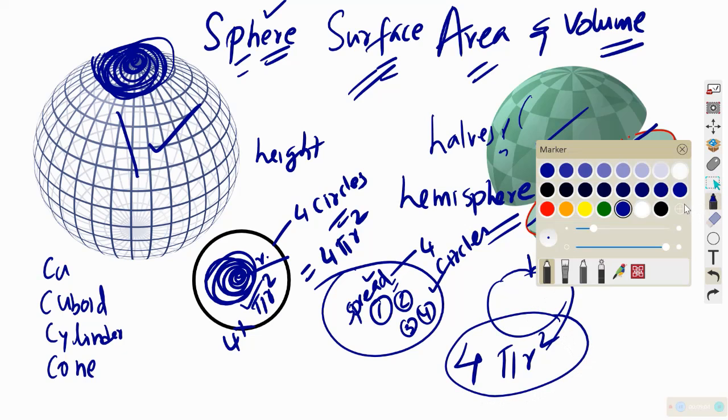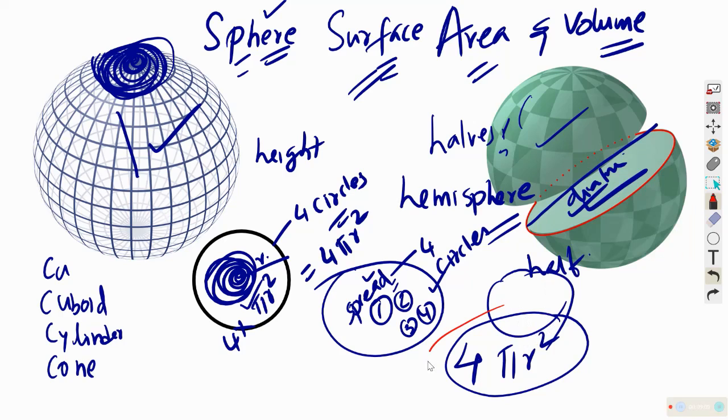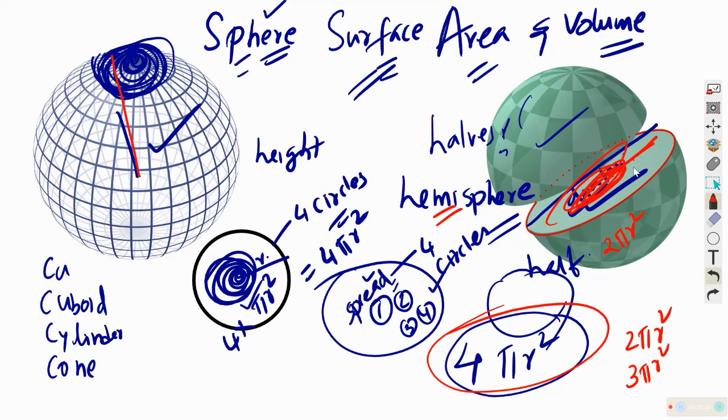You should know the radius of the sphere in order to know the surface area of it. If you want to know only half of it, that is the hemisphere, you will use 2 pi r square. If you are adding the open area over here, you will use 3 pi r square because there is one more pi r square, the open surface area.